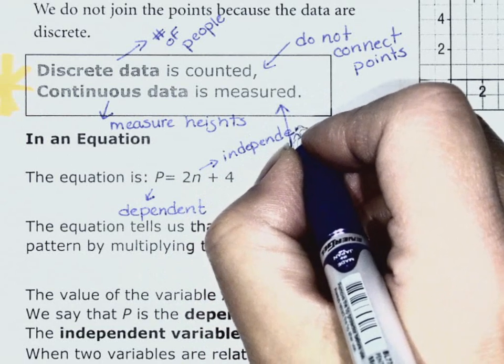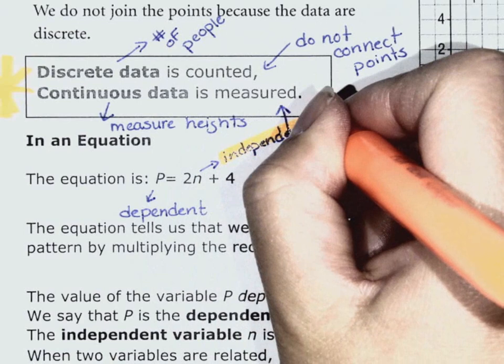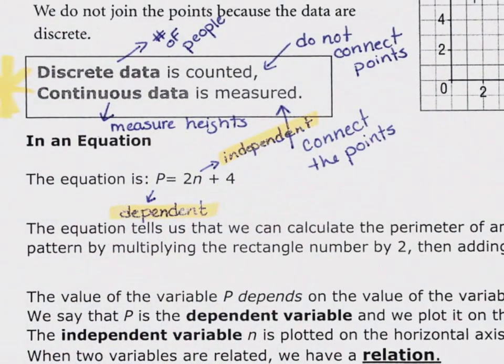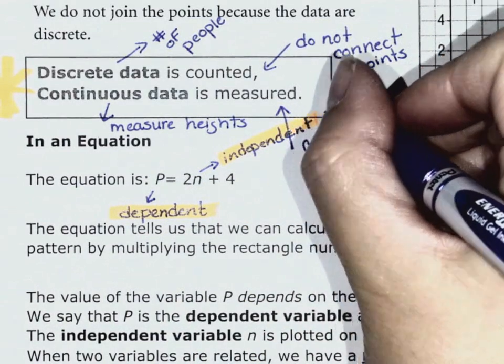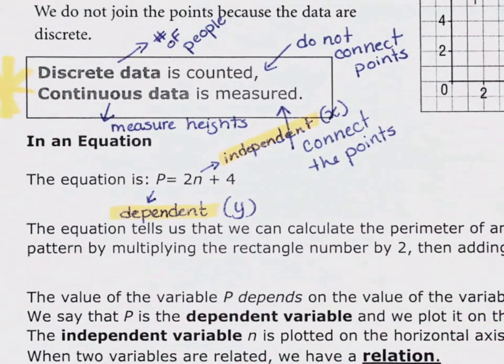Uh-oh, I'm running over things. Independent variable. So independent is on the x-axis and dependent is on the y-axis. Do you guys remember which one was x and which one was y?